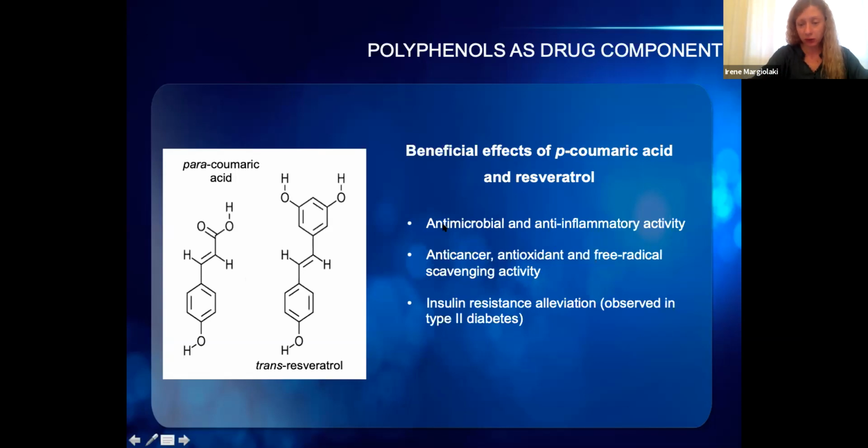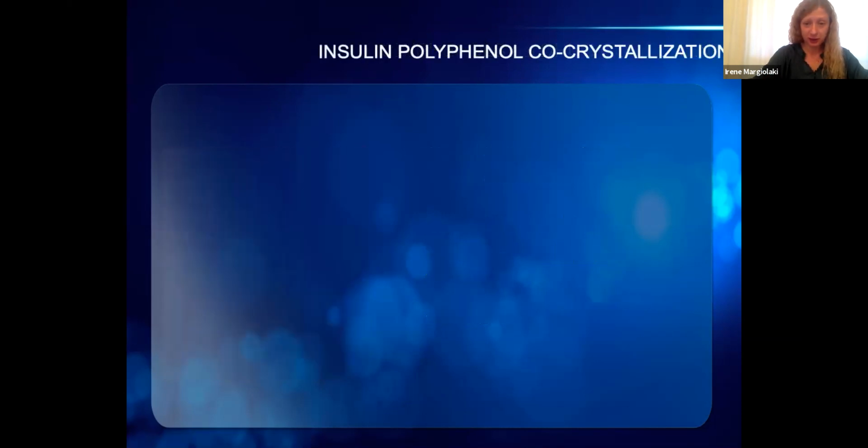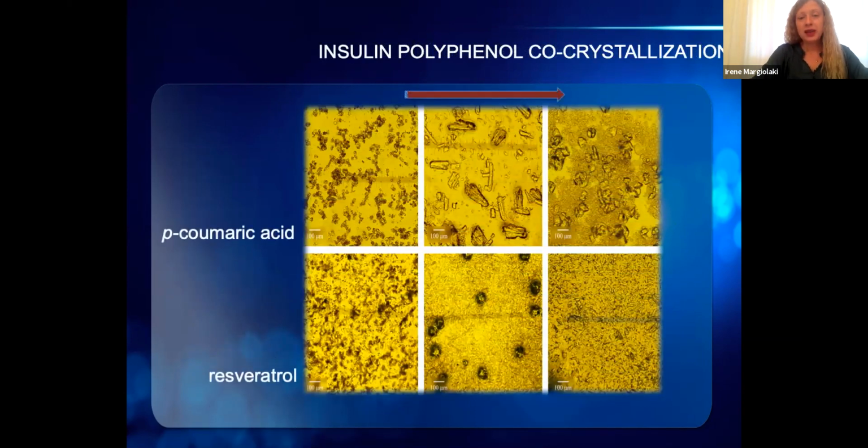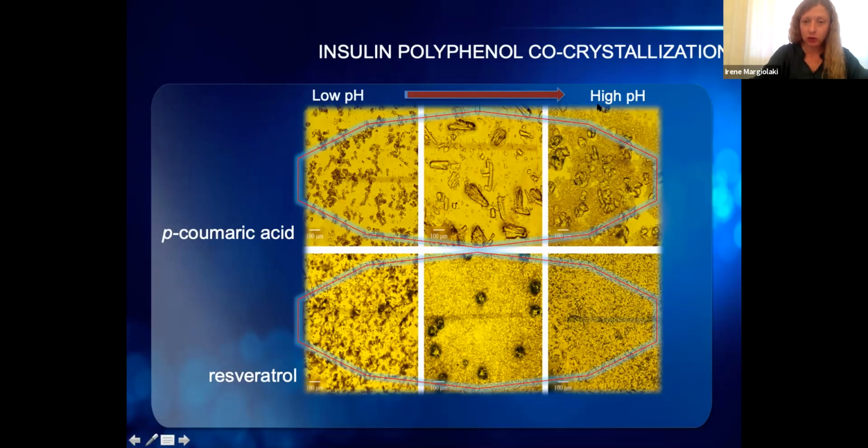Polyphenols have antimicrobial, anti-inflammatory, anti-cancer, and antioxidant effects. And probably you are aware that oxidative stress is a parameter which is related to many diseases, like Alzheimer's, like diabetes, etc. So we co-crystallized insulin with these two polyphenols, p-coumaric acid and resveratrol, in a pH range from low to high.